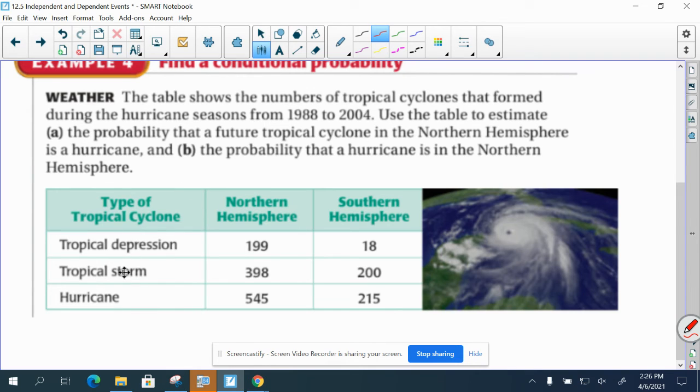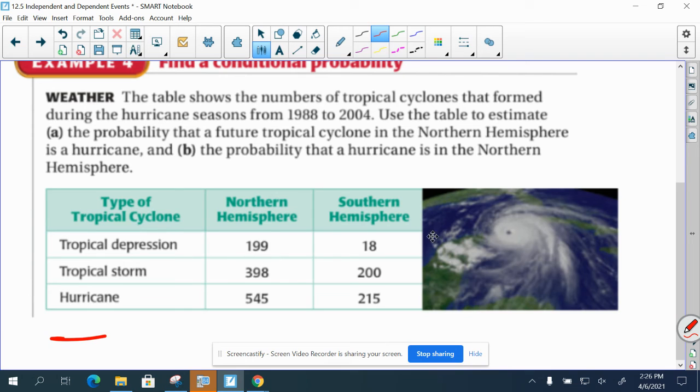I'm not sure what the difference between depression, storm, and hurricane are, but maybe you could ask your science teacher. Then use the table to estimate the probability that a future tropical cyclone in the northern hemisphere is a hurricane. So out of the ones that are northern hemisphere, what we have to do is add up all the rows and columns. Let's take a minute to do that.